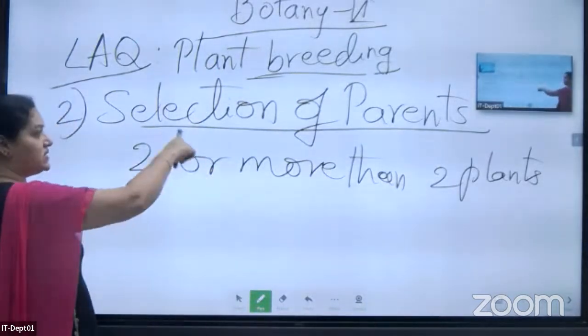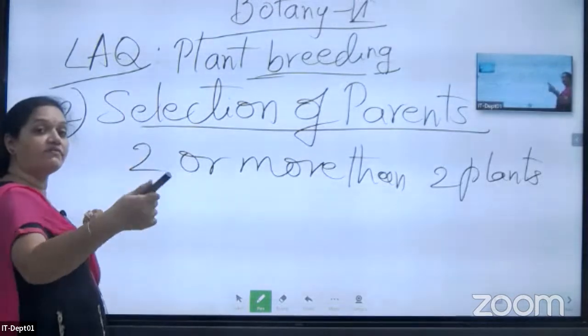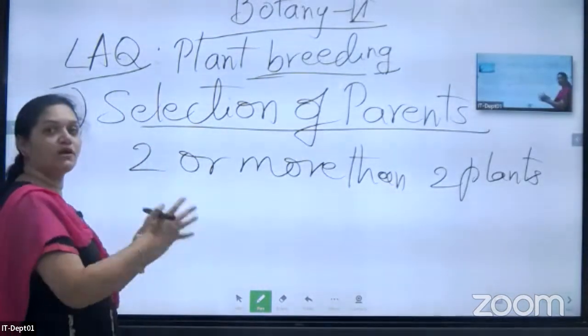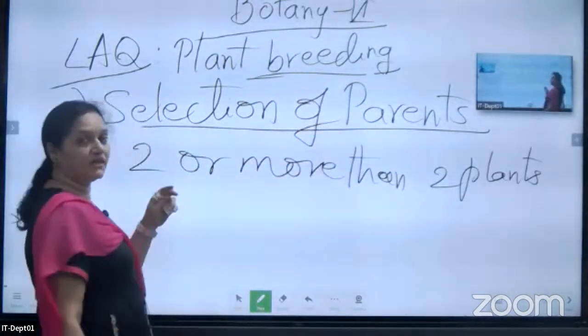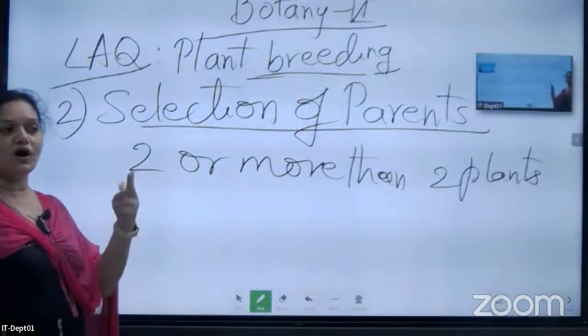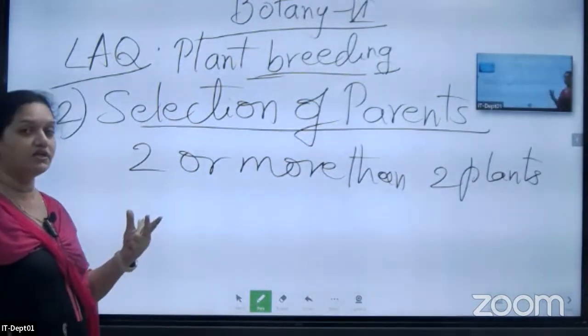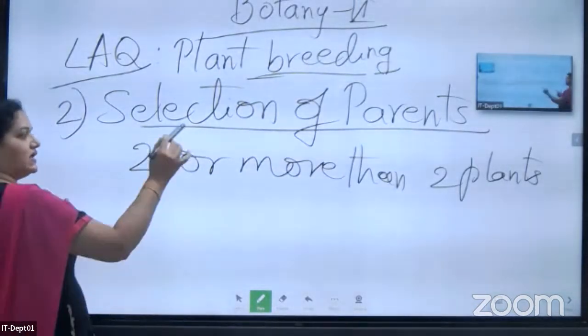So for that we are doing all these hectic works, to have a good life from one single plant, or otherwise from a smaller number of plants. So that is the selection of parents. Two or more than 2 plants having the desired qualities can be considered as parents. That is the second step.